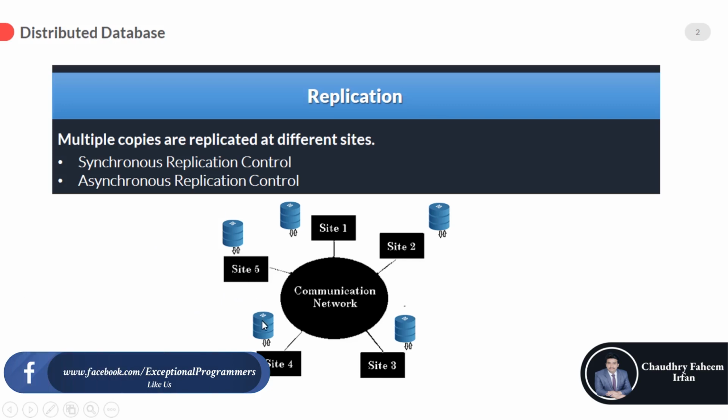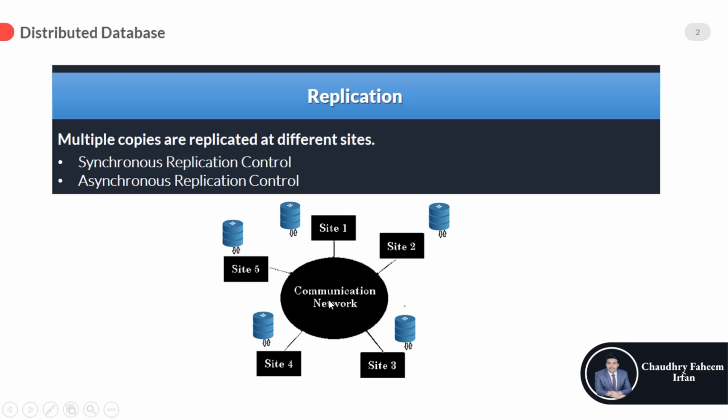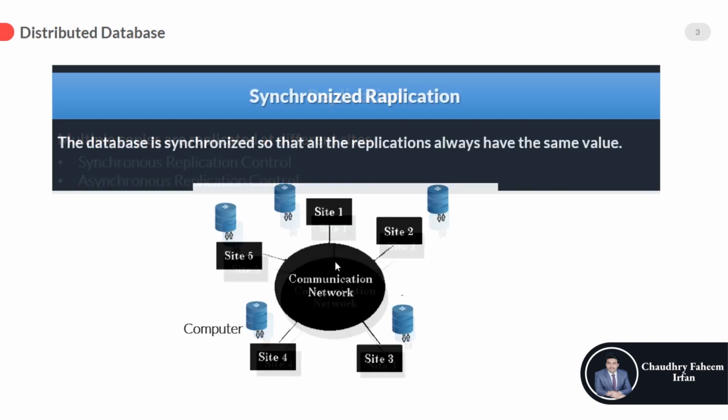So the problem is, if you want to update data, the update must be consistent. So the first one is synchronous replication. The database is synchronized so that all the replicas always have the same value.